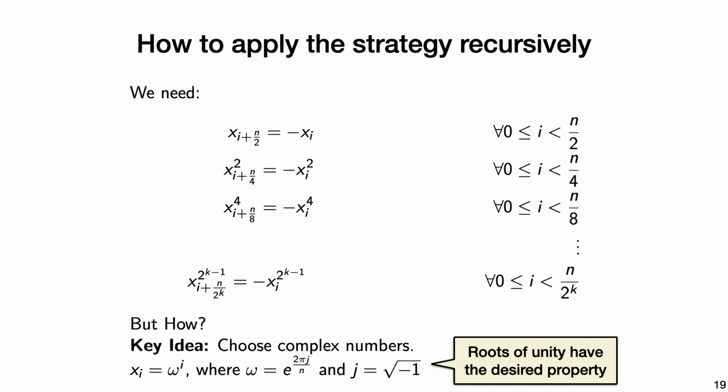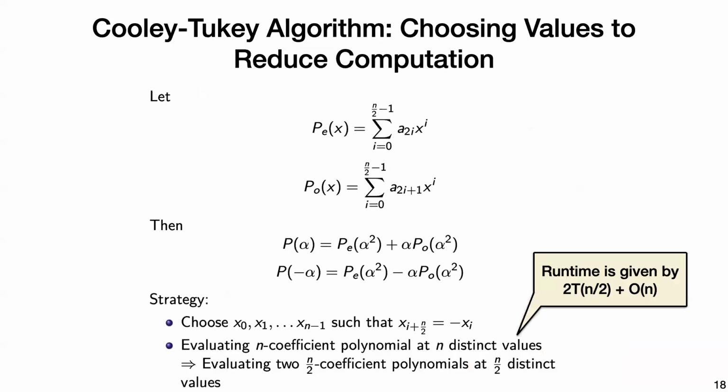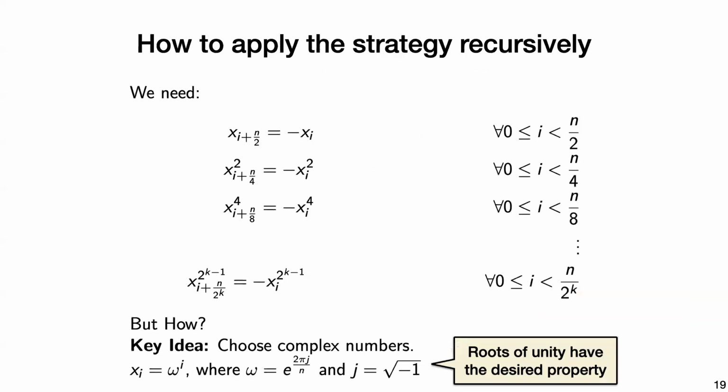So now we are focusing on the case of the first n over 2 points. And we're trying to make the first n over 4 and the second n over 4 positive and negative pairs. And the issue is that if you look at what happened here, this became alpha squared in the next step, because these were even and these were odd, and the even ones are like 0, 2, 4, and so on. So we want this property all the way down as well, when you cut it into 4, that the first n over 8 are the negatives of the second n over 8 when raised to the power 4.